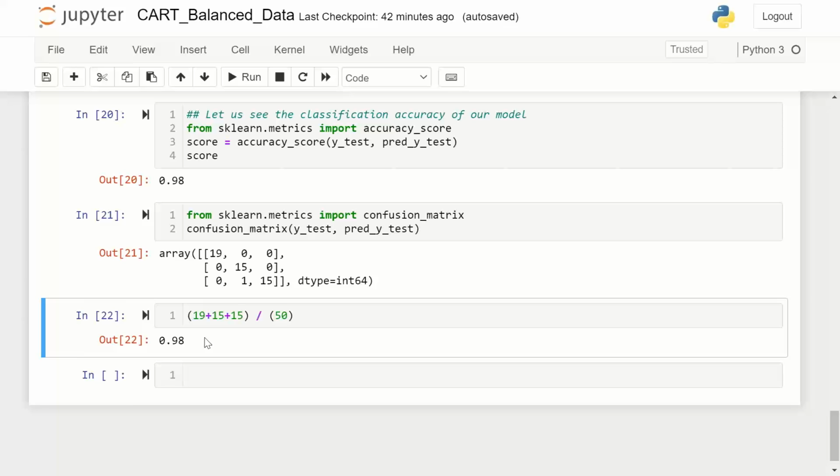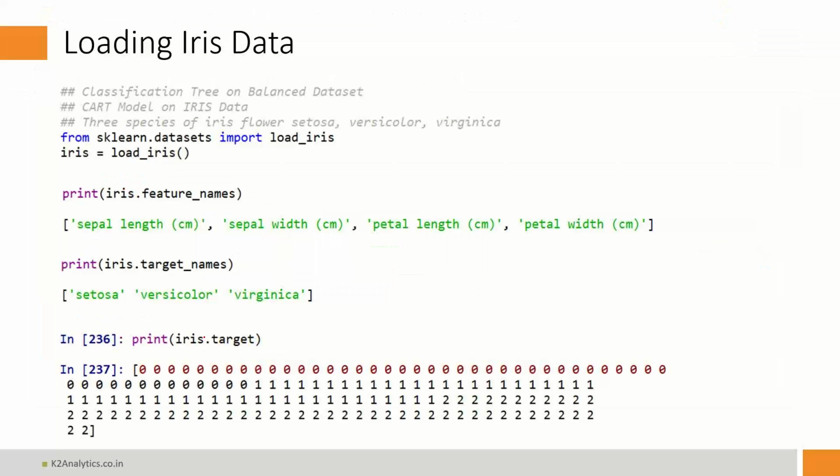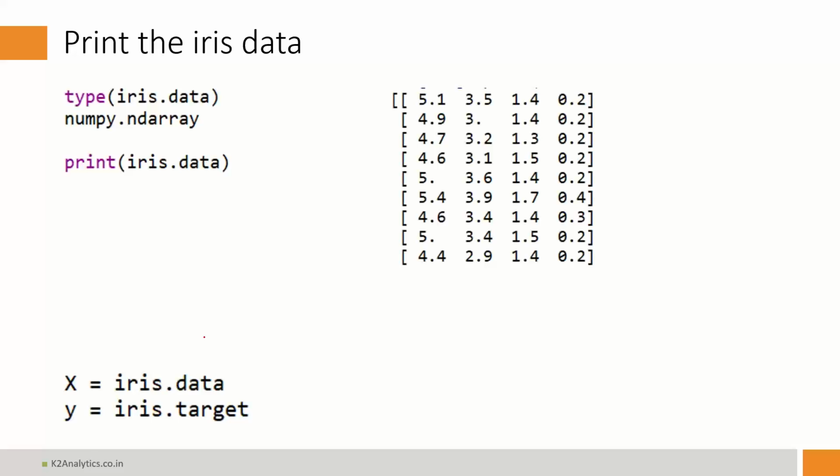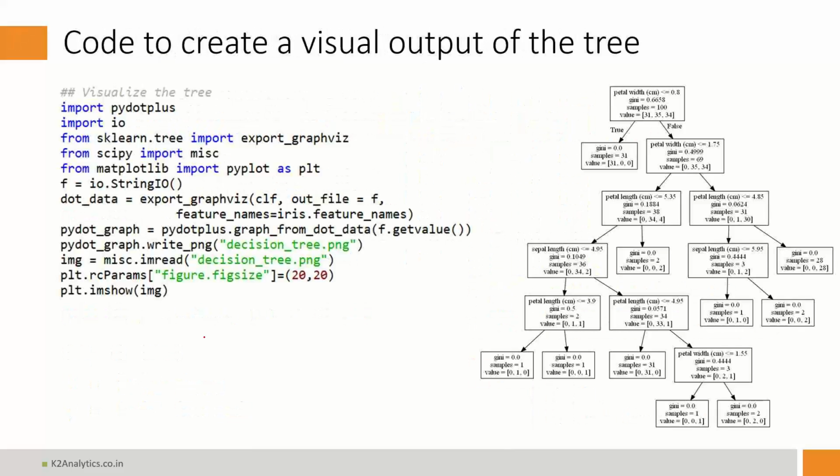To predict the output, classification tree technique does a good job, and you can see a drastic improvement in the accuracy using a classification tree model compared to random prediction. In this case, we have increased the accuracy from 0.3 to 0.98. This was an application of CART technique on a balanced dataset.